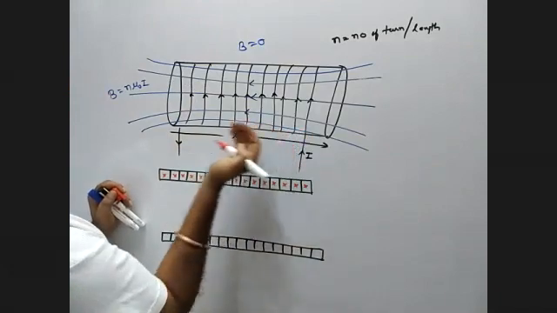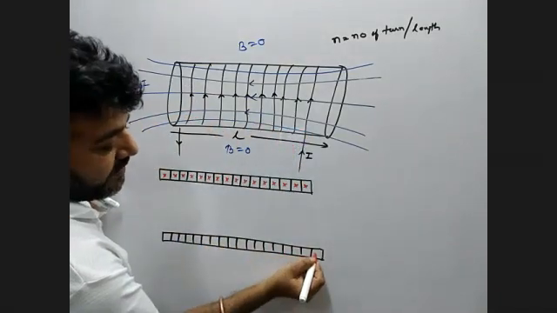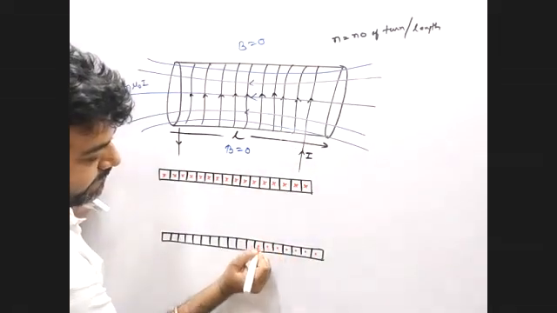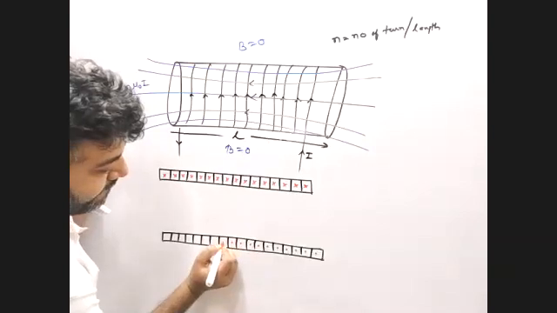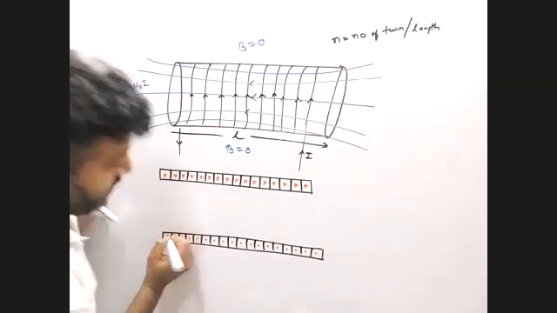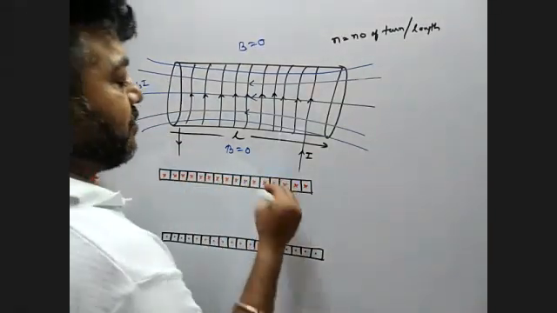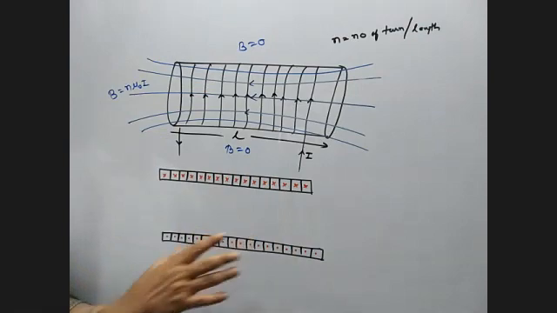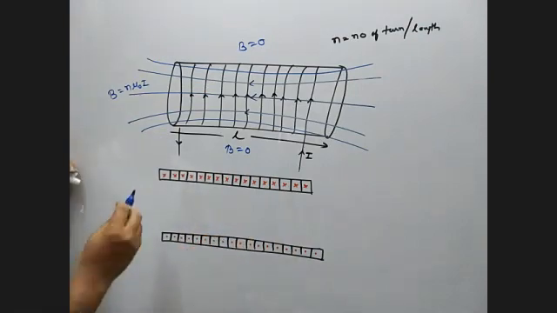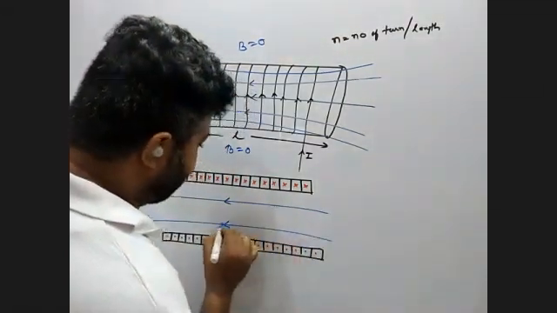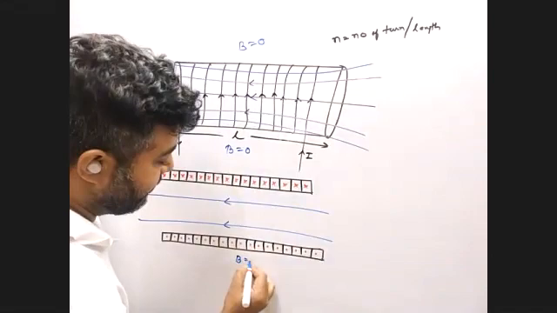And here the magnetic field is out of the page, so we write here a dot. If these are the same figure, it will show you in a better way. You can visualize it much better. And inside this, the magnetic field is a straight line, and outside the magnetic field is 0.